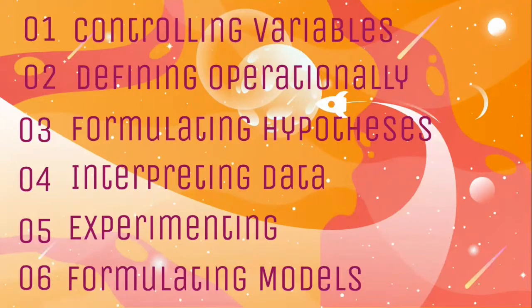And so those 6 process skills are 1, controlling variables, 2, defining operationally, 3, formulating hypotheses, 4, interpreting data, 5, experimenting, and 6, formulating models.